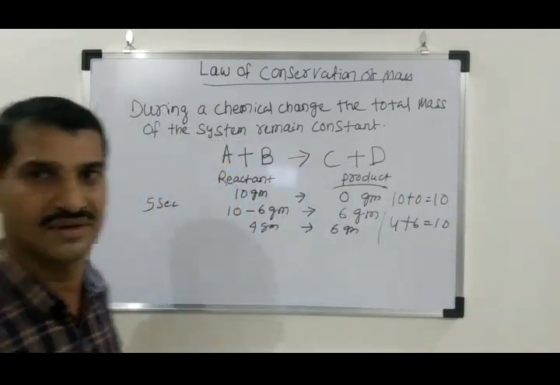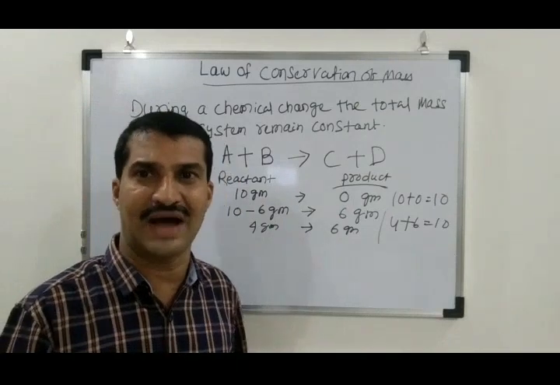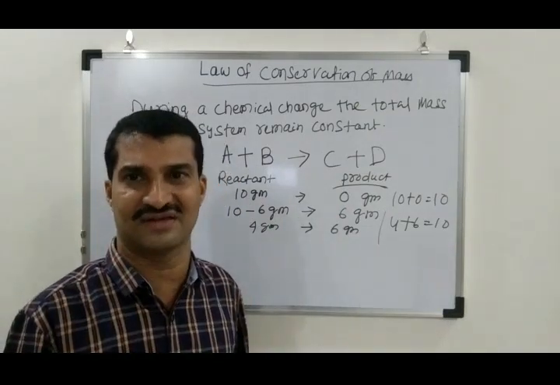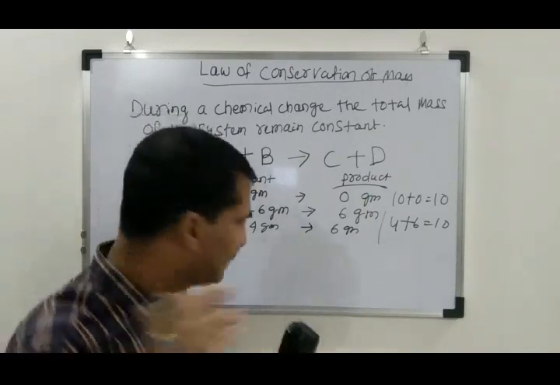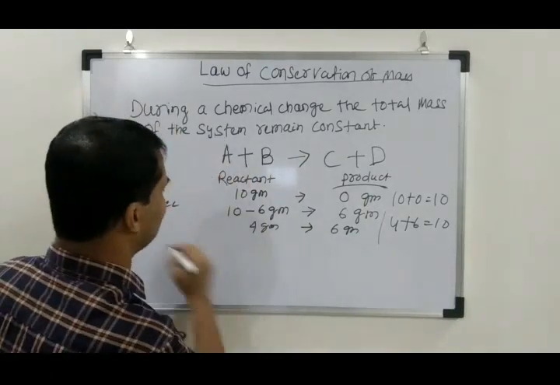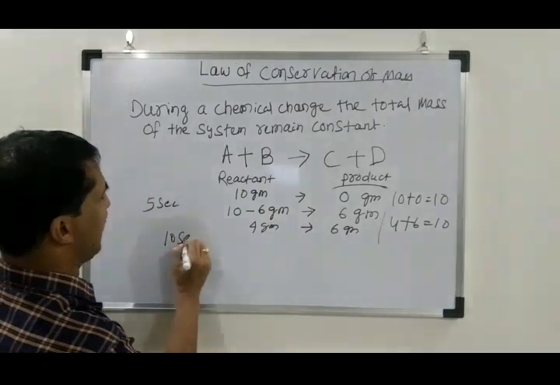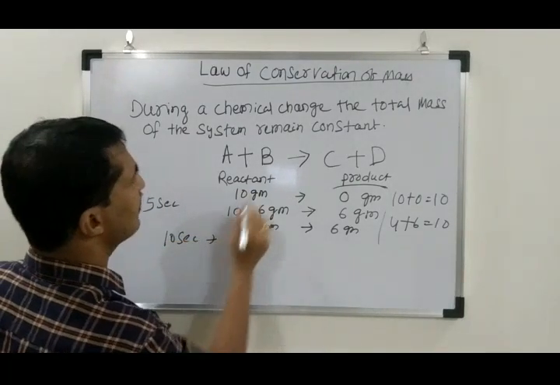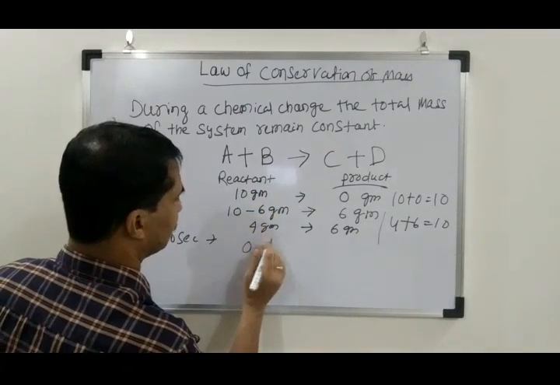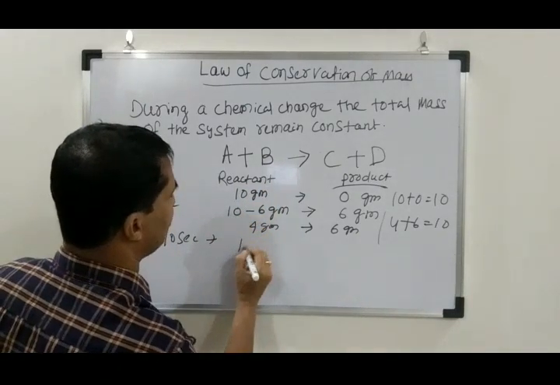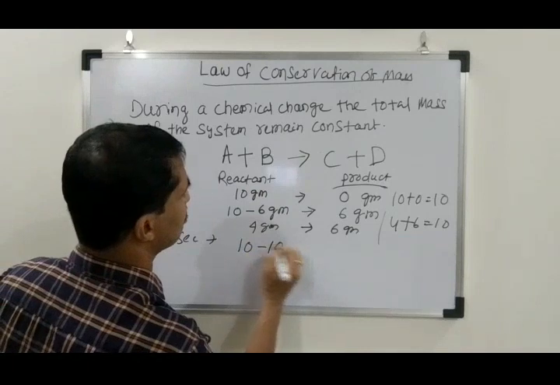Now let us say after completion of the reaction, we measure the mass again. Let's say the reaction completes after 10 seconds. Once the reaction is completed, what will happen? The mass of the reactant will be 0, because once the reaction is completed, the 10 gram is consumed.